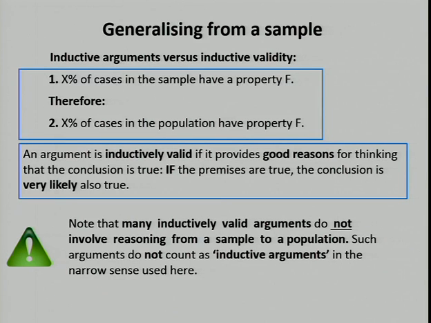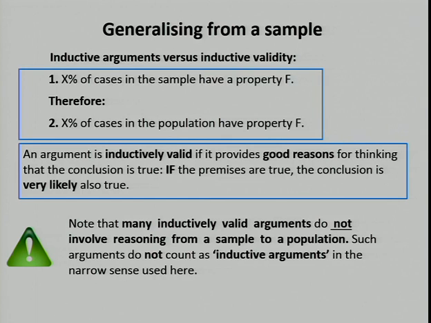So if you remember, we had said that an argument is going to be inductively valid if it provides good reasons for accepting that the conclusions are likely true. And we contrasted this with a deductive argument in which true premises are guaranteed to lead to a true conclusion, right?